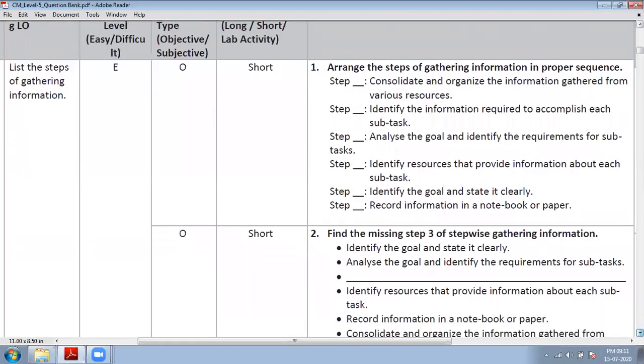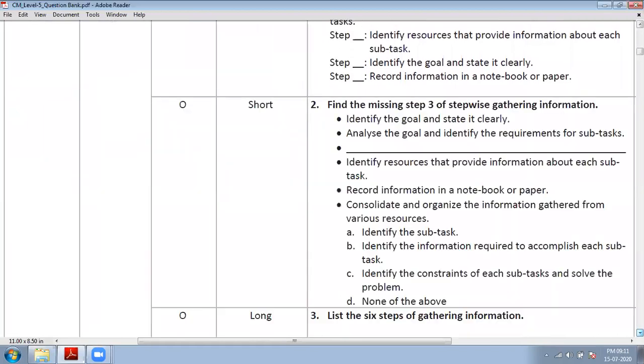Now question number 2. Find the missing step 3 of stepwise gathering information. Here one missing step is given. You have to identify the correct step. Here 4 options are given. Identify the goal and state it clearly, first step.